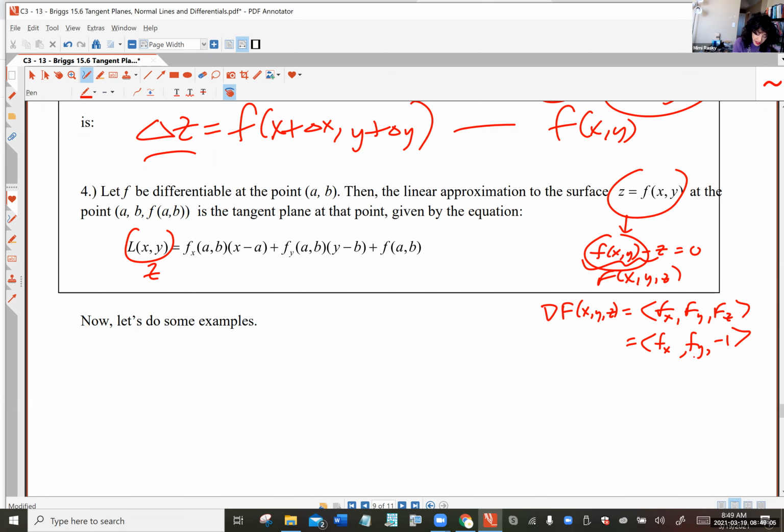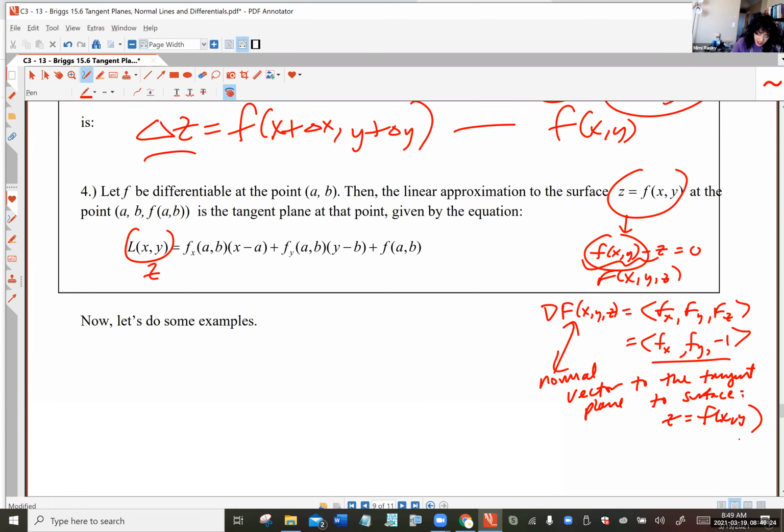When I use this as the normal vector to the tangent plane, these are the same. This is the normal vector to the tangent plane to the surface given by z equals f of x, y.